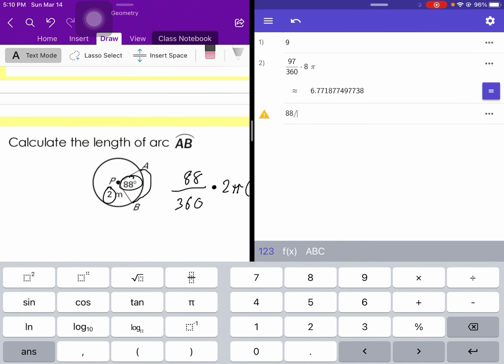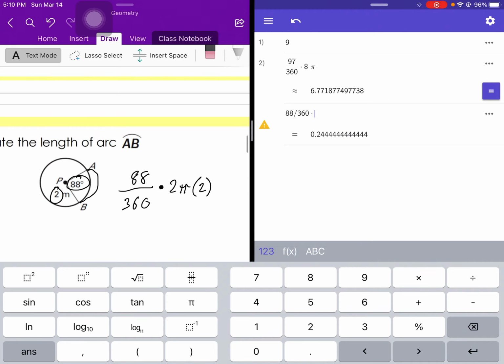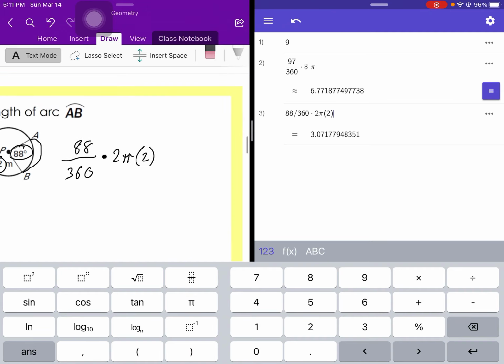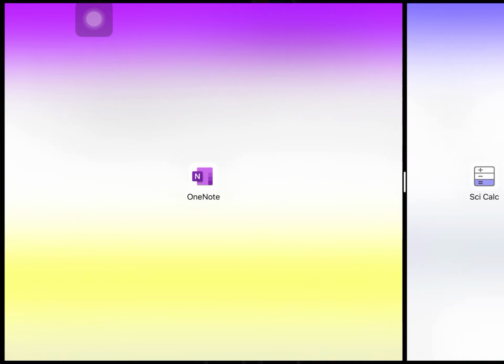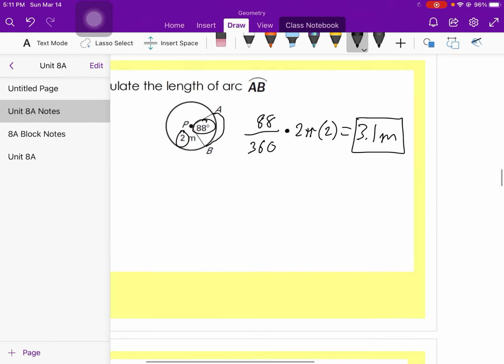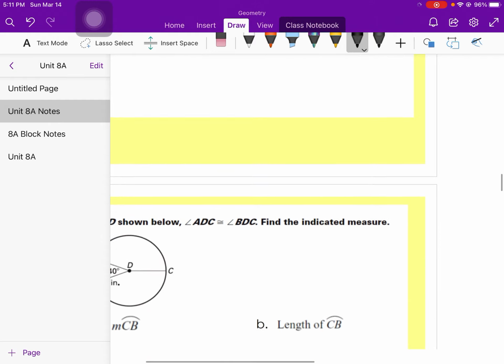So now it's going to be 88 divided by 360 times 2 pi. You could do parentheses 2, or you could skip that step and just take it times 4 pi, because 2 times 2 would give you 4. And we get 3.07, so we're just going to round that to 3.1. And this time it is meters. Okay, so it's pretty standard once you see the idea with the formula.